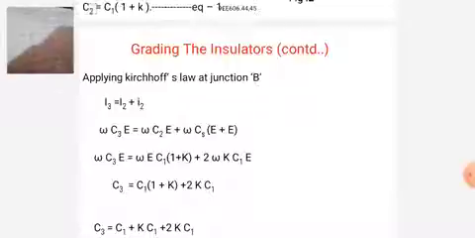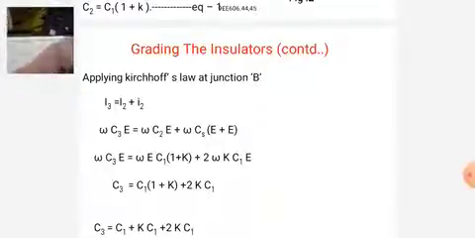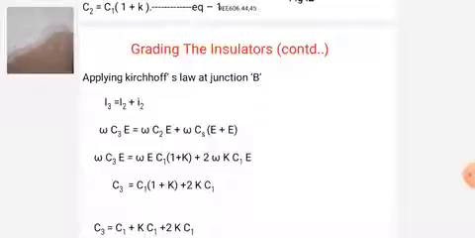And next, apply Kirchhoff's law at junction B. This I3 is equal to capital I2 plus small I2. So here I3 is equal to I1 plus small I2 plus capital I2.